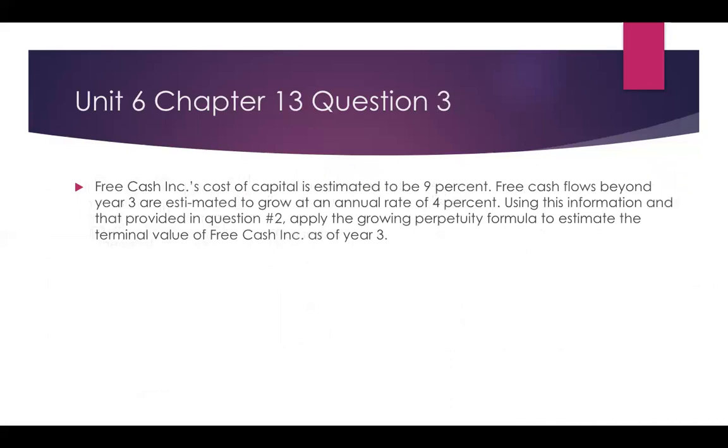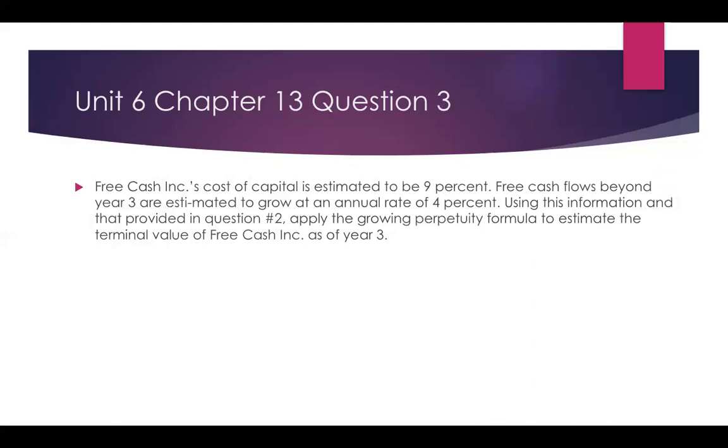So the next question continues on from there. Free Cash Inc.'s cost of capital is estimated to be 9%. Free cash flows beyond year 3 are estimated to grow at an annual rate of 4%.